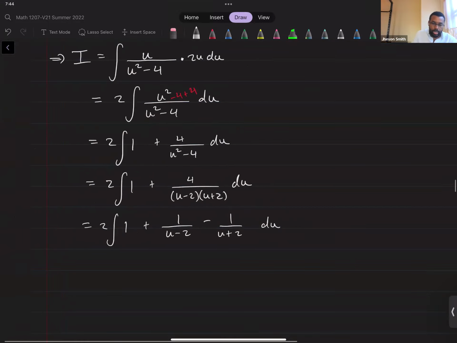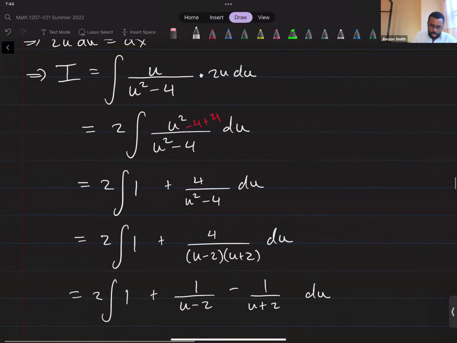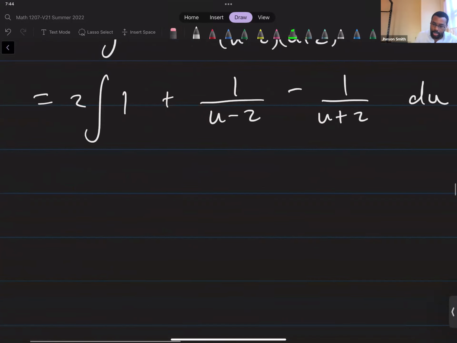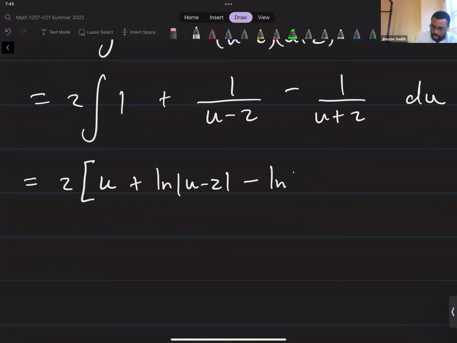So ultimately now this integral, radical x over x minus 4, is actually equivalent to this integral. And this one is actually not so bad. That would be u plus ln of u minus 2 minus ln of u plus 2.